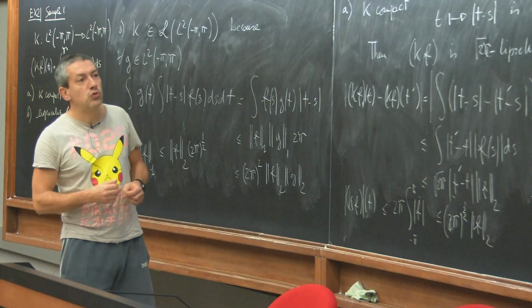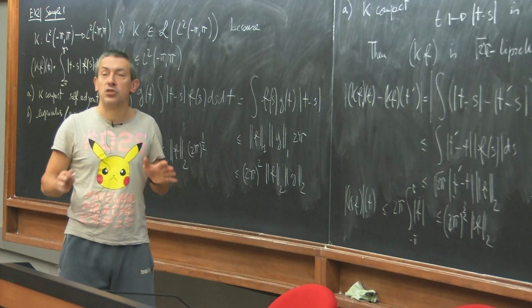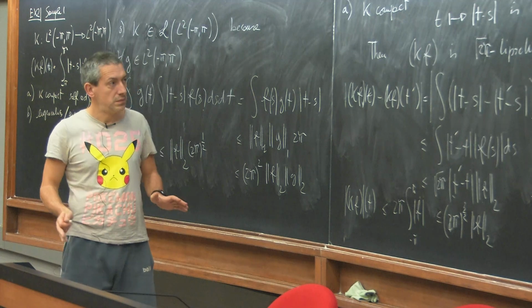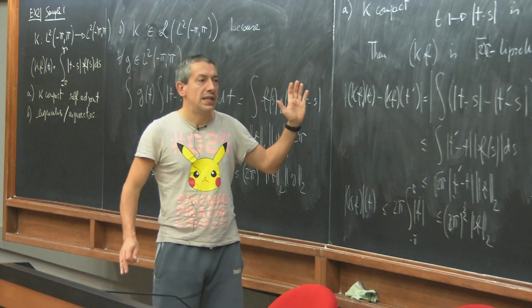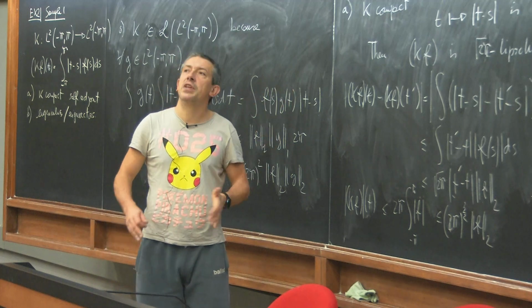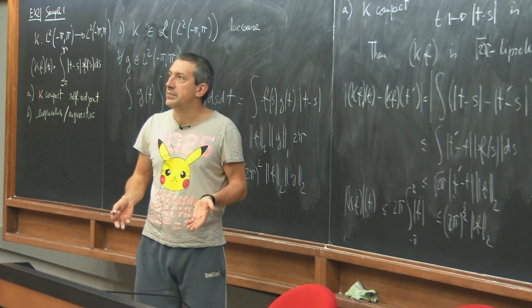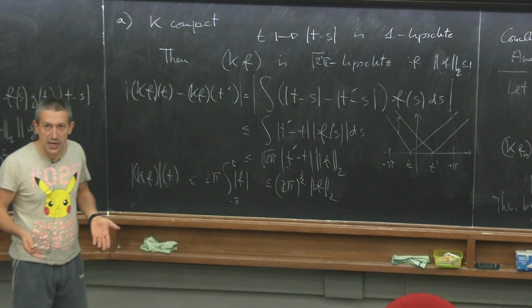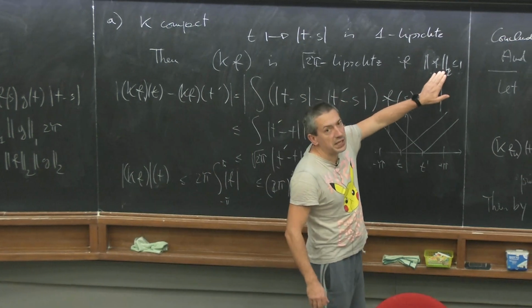Okay, so there are two different proofs of the same fact, that K is compact. In the first proof, I show that the image lives in a pre-compact set. The image of the unit ball is a pre-compact set.